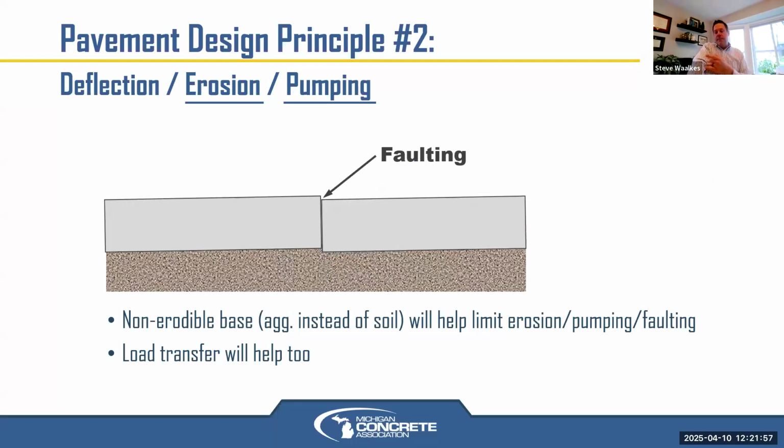That could result in faulting long-term, rough pavements, and potentially cracking if there are heavy loads in those low support conditions. So for all pavement design procedures, one thing to think about as a pavement designer is: do we need load transfer?